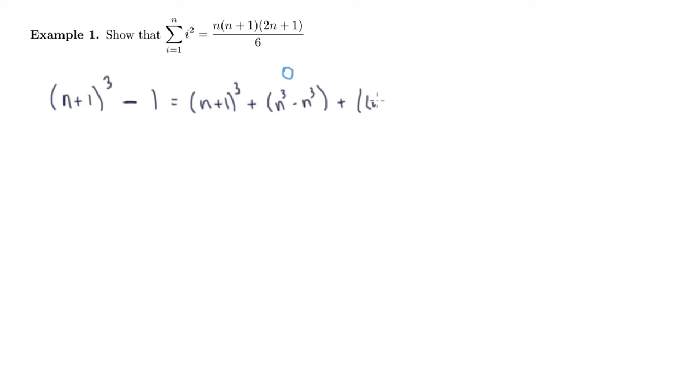And then we have n minus 1 cubed minus n minus 1 cubed. That's also just 0. And then we keep going all the way to 2 cubed minus 2 cubed plus, minus 1.